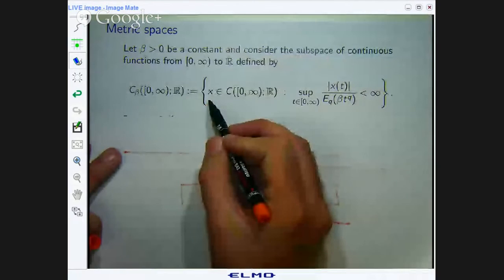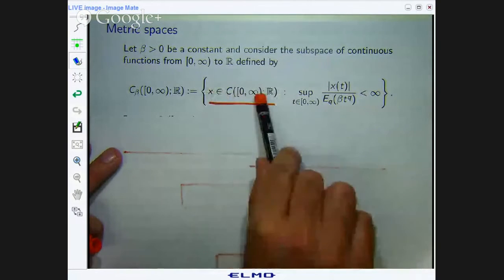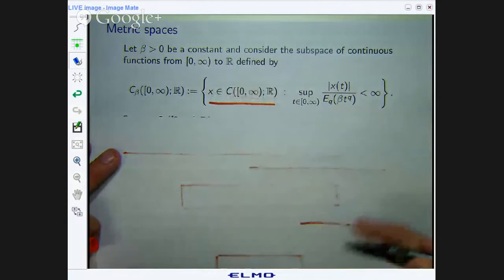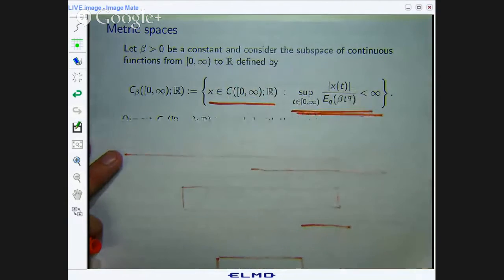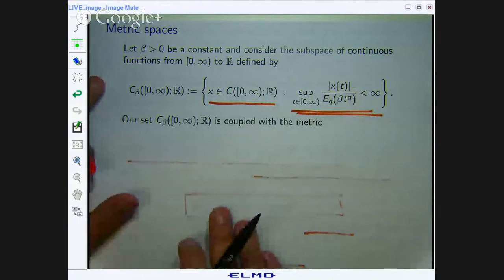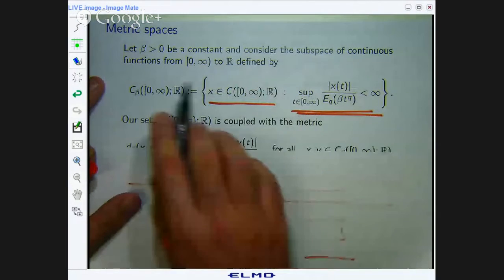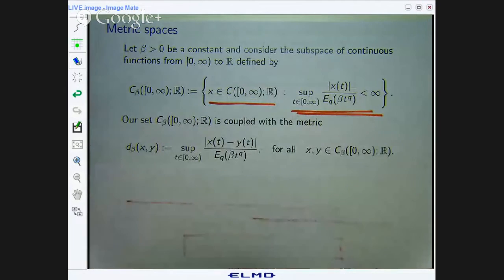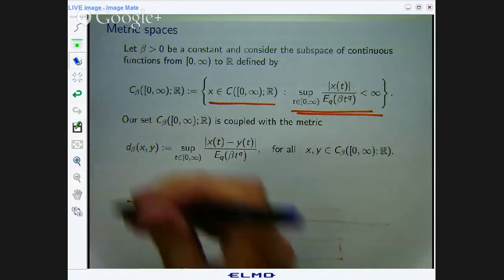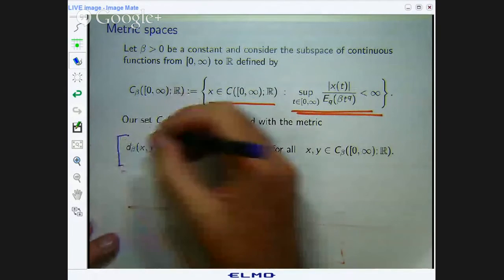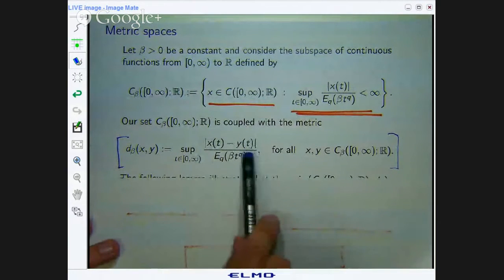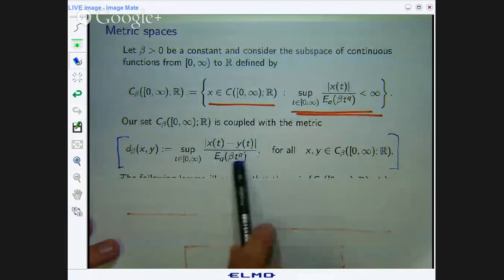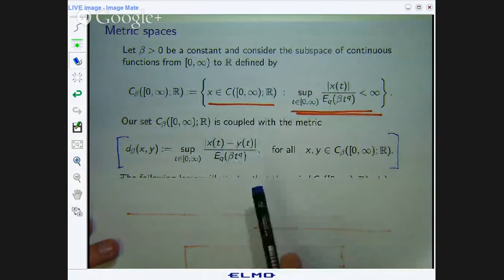Okay, so let's consider the following set. Suppose x is a function that's continuous and real valued on this half line, plus it satisfies this sort of supremum condition. Okay. Now, if we take that set and we use this d sub beta function for measuring distance, again using a supremum, notice that we're dividing by this special exponential function here.